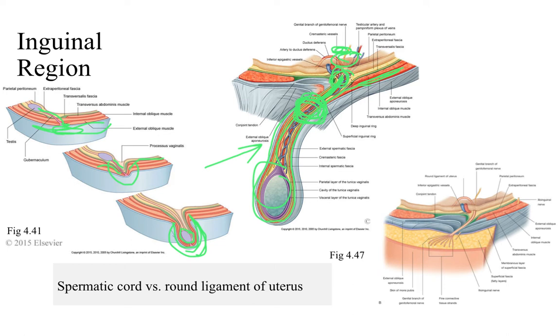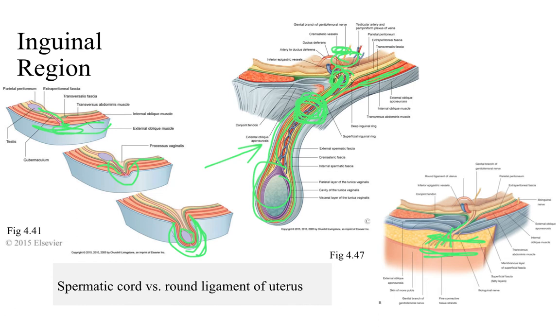In the females, you have something similar going on. So here would be the skin of the abdominal wall, and here would be Camper's fascia. And you notice that there are these rootlets of connective tissue, which was the vestigial part of the gubernaculum.